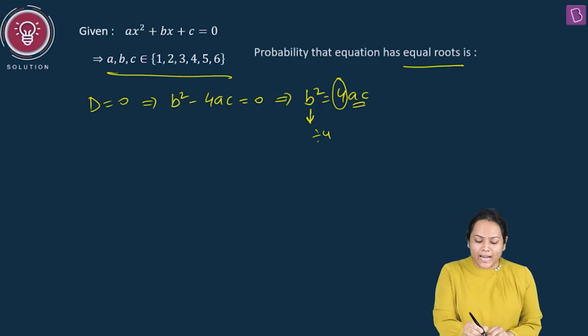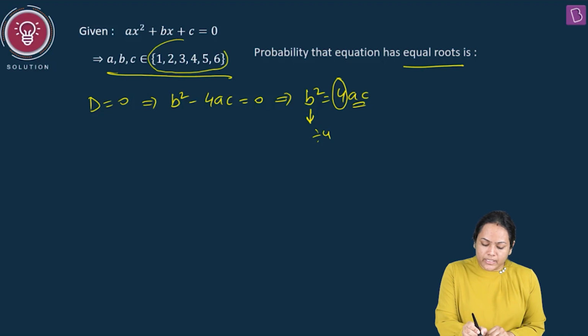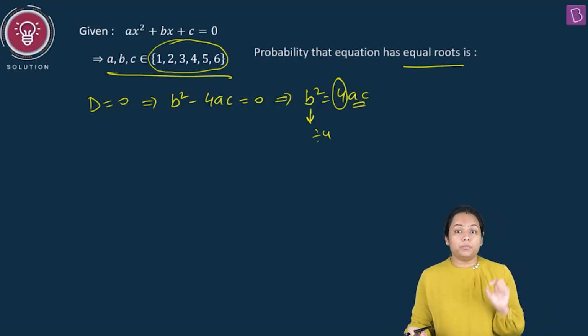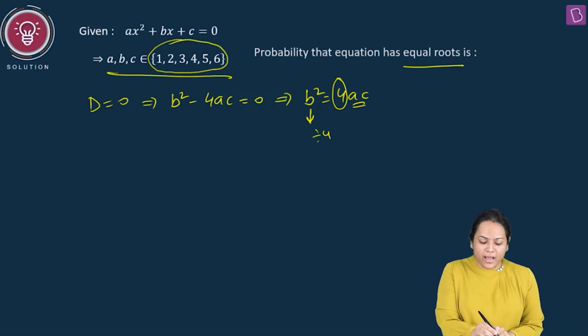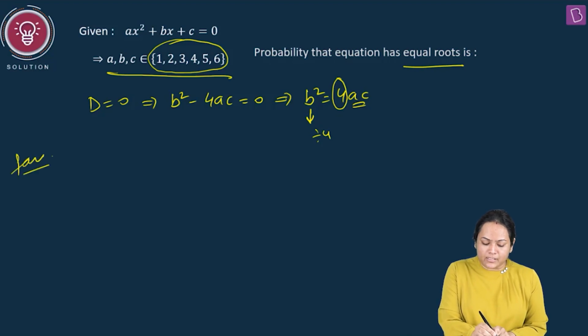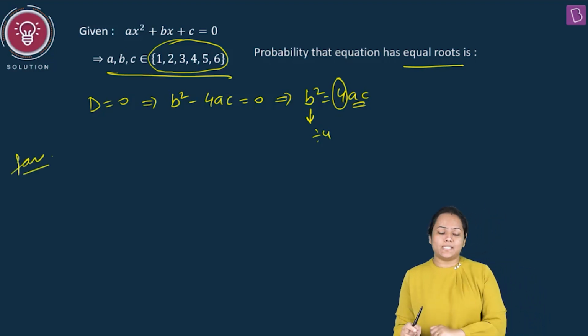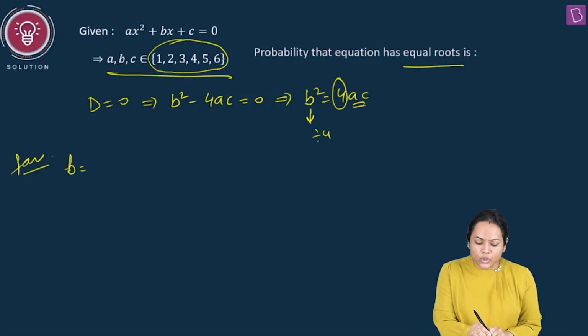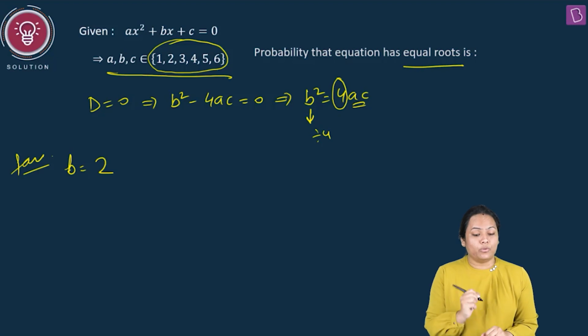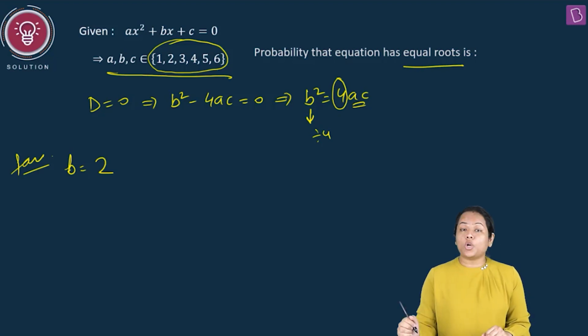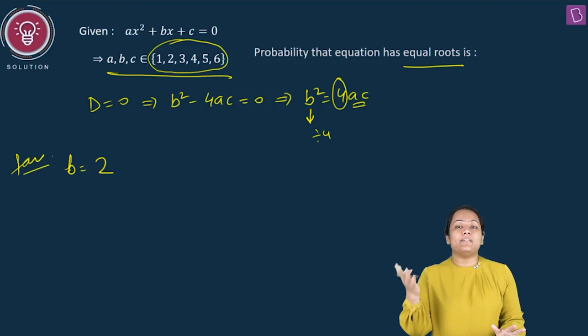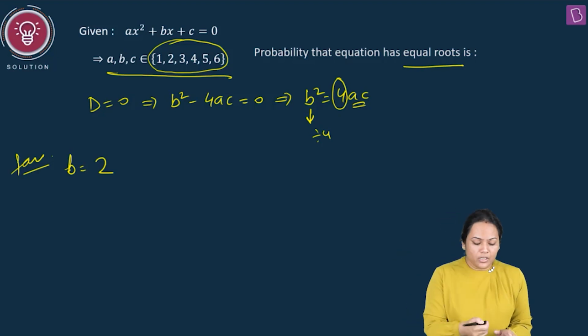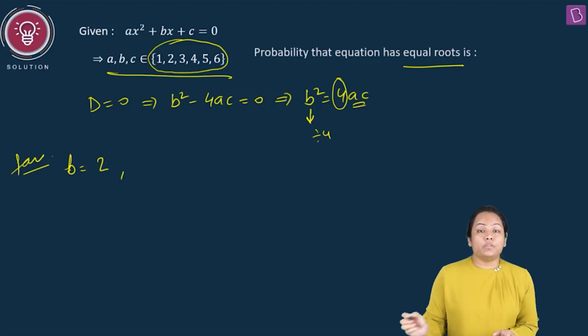There are 6 total options available, but to find my favorable cases, I have to start with the smallest possible value of b, which will be equal to 2. b cannot be 1, because if b is 1, b square is never a multiple of 4. Clear? So b value will be equal to 2.